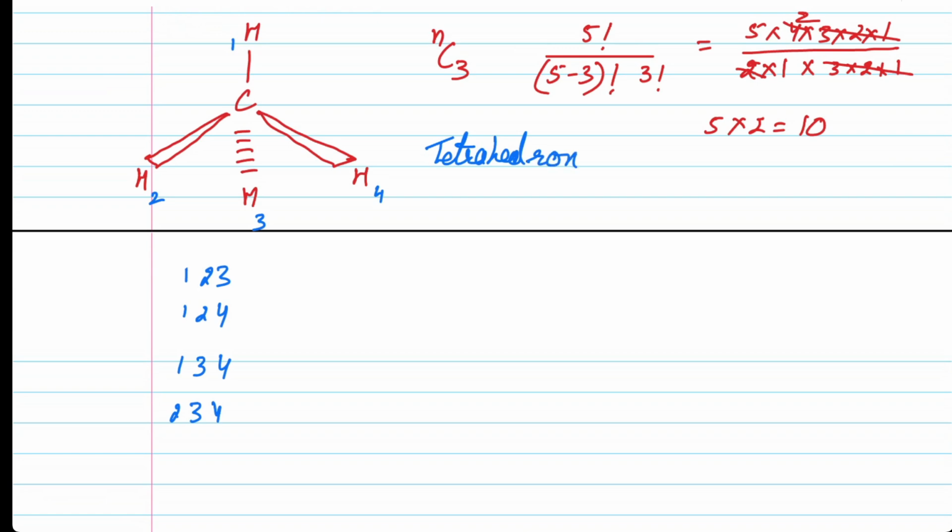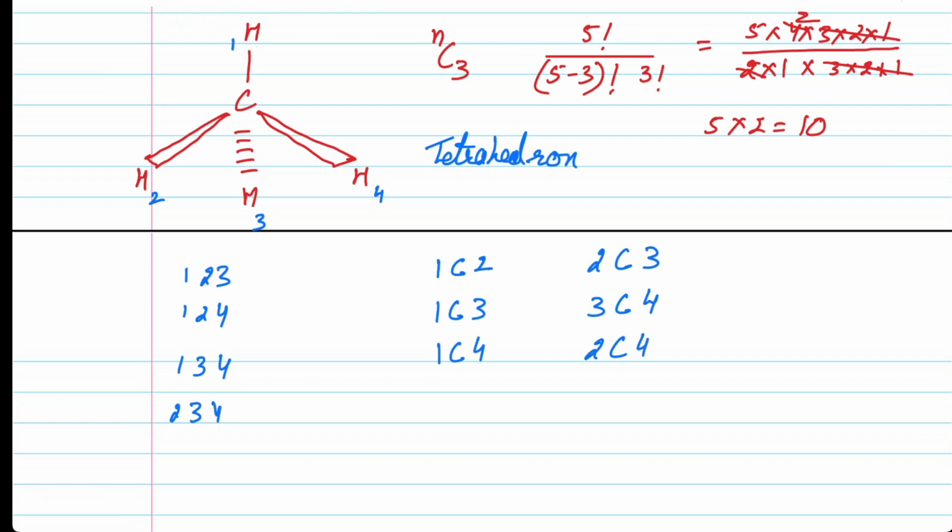But we do have certain other molecular planes also. We could have hydrogen number 1, carbon, and the second hydrogen. This also would be a molecular plane. We could have 1 hydrogen, carbon, and the 3 hydrogen; 1 hydrogen, carbon, and the 4 hydrogen; 2 hydrogen, carbon, and the 3 hydrogen; 3 hydrogen, carbon, and the 4; and 2, C, and 4.